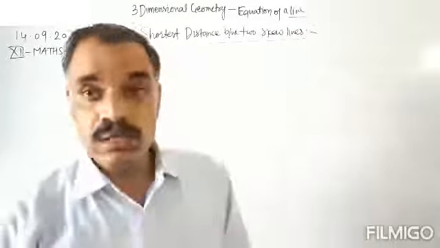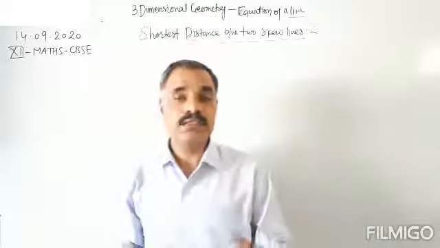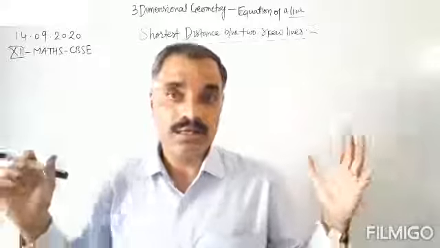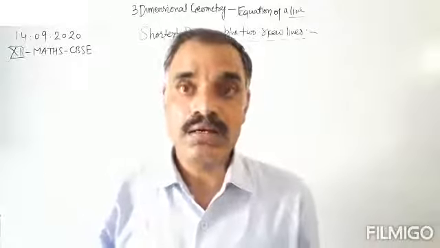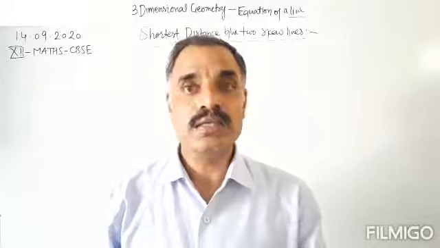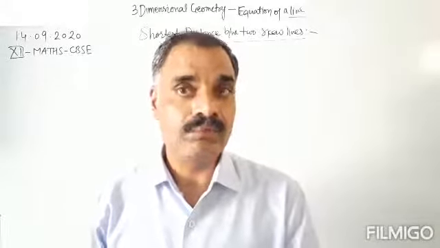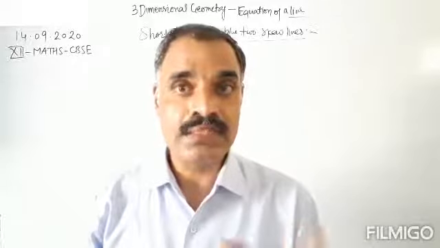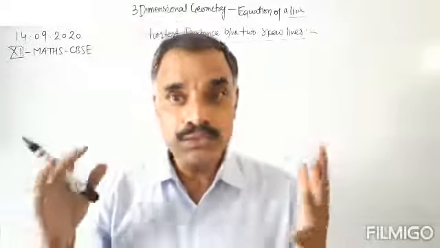What are skew lines? They are lines in space that are not perpendicular and not parallel. Two lines in a plane are either parallel or perpendicular, but in space there is a third condition, that is skew lines.